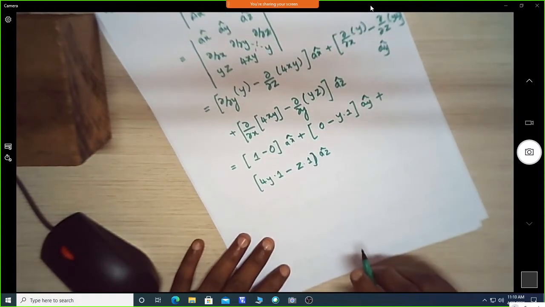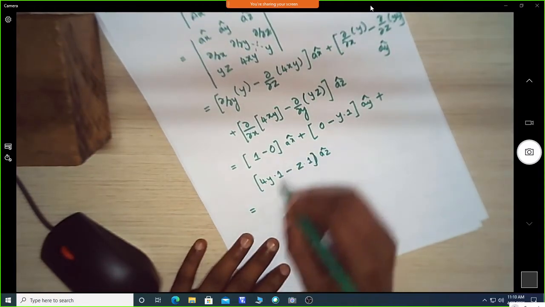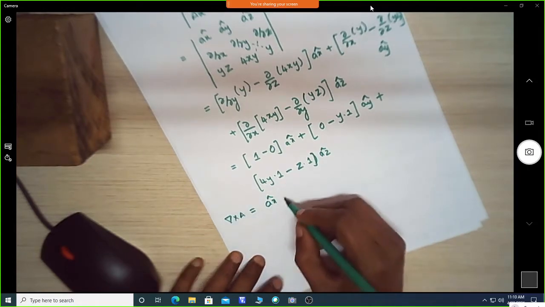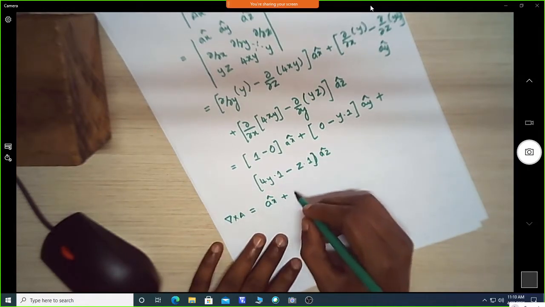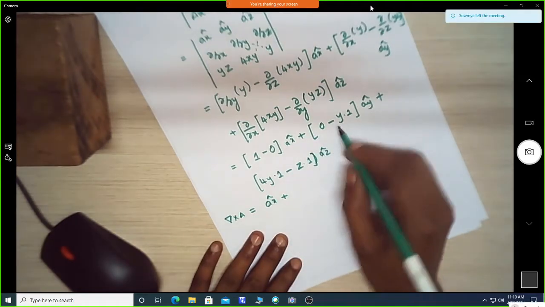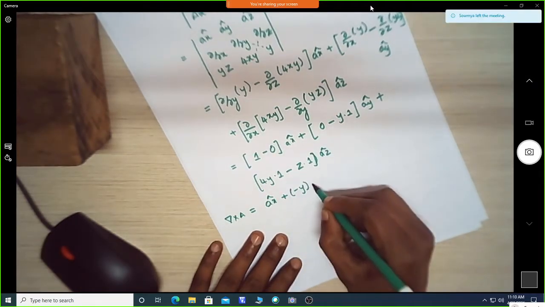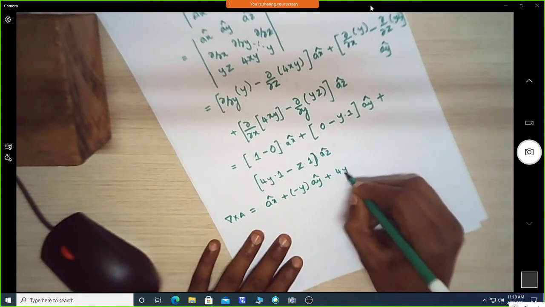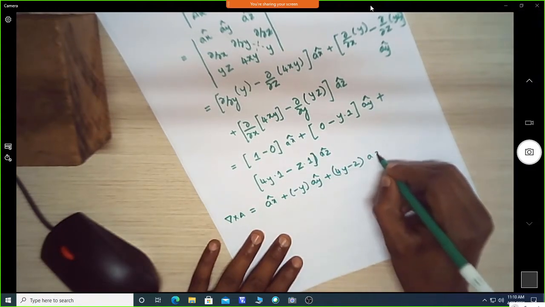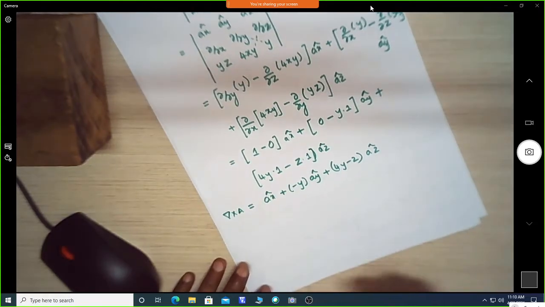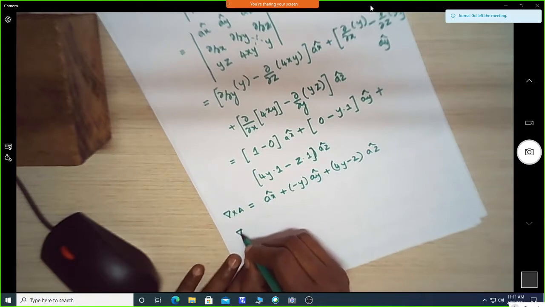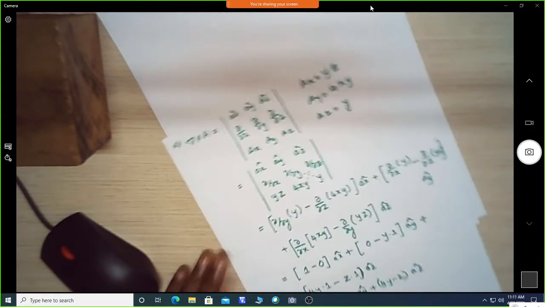Okay, so now you can write del cross A as ax plus, if you take this one as minus y into ay, plus (4y minus z) into az. So this is your del cross A. So now at the given point, what is the given point here?